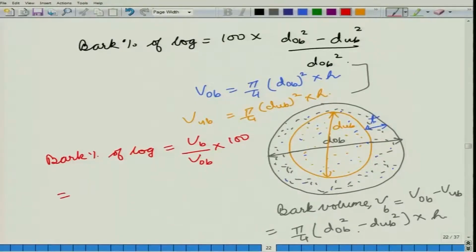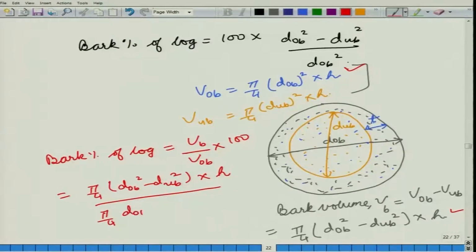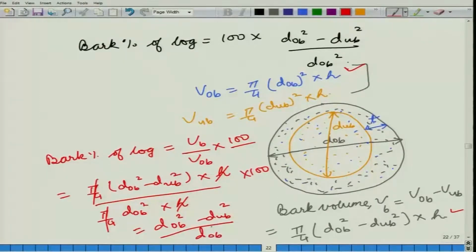So, it is VB, we take it from here, pi by 4 DOB square minus DUB square multiplied by height, divided by the over bark volume from here. So, it is pi by 4 multiplied by DOB square multiplied by h, and then we need to multiply it by 100. So, pi by 4 and pi by 4 get cancelled, h and h get cancelled. So, we get DOB square minus DUB square divided by DOB square multiplied by 100, which is this formula. So, this is the bark percentage of log.